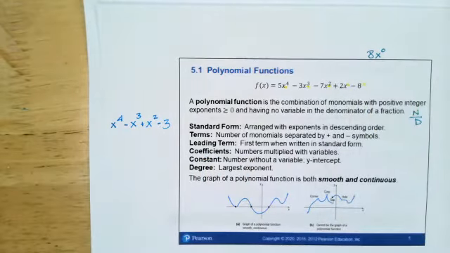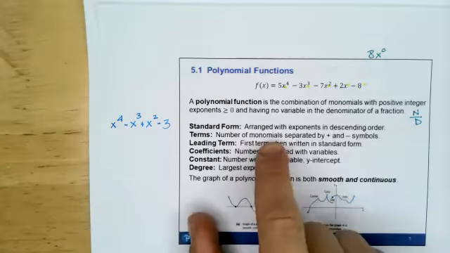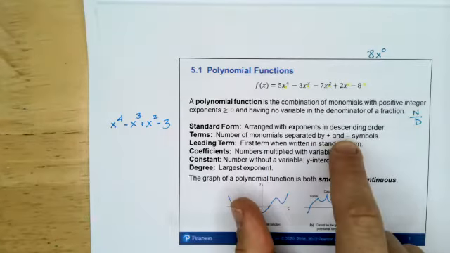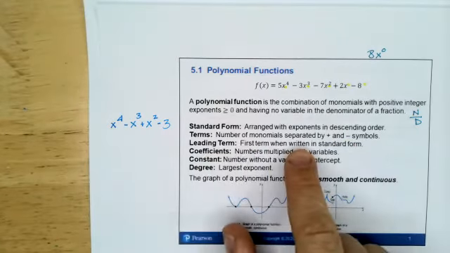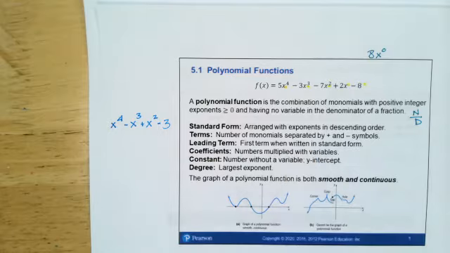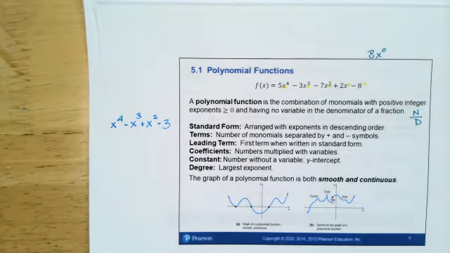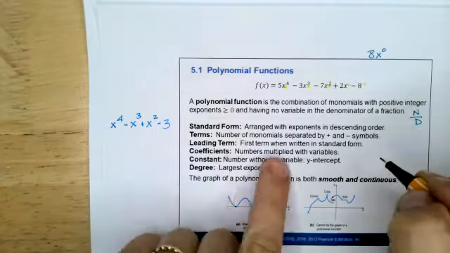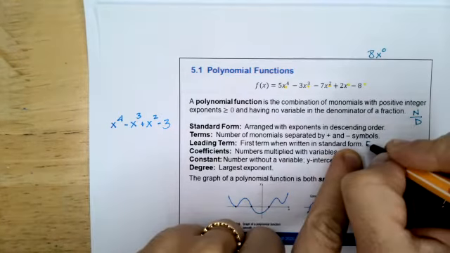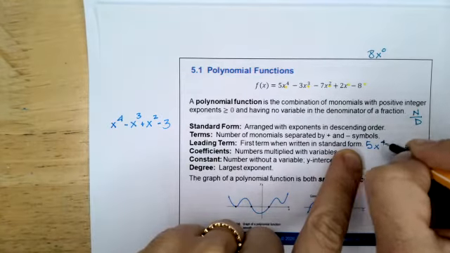Because then there's x, and then that would be your lowest in descending order because it's x to the 0 power. The terms are the number of monomials separated by plus or minus symbols. The leading term is the first term after you've written it in standard form, so it's going to be the term with the greatest degree, right? So in this case, our leading term is 5x to the 4th.